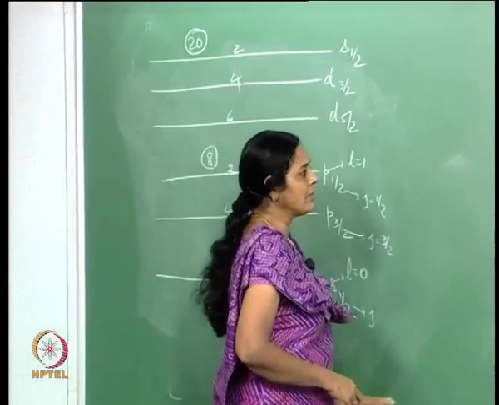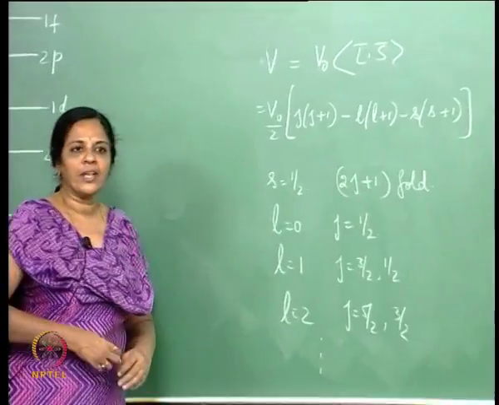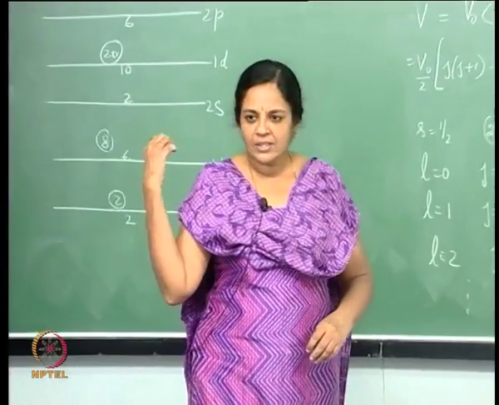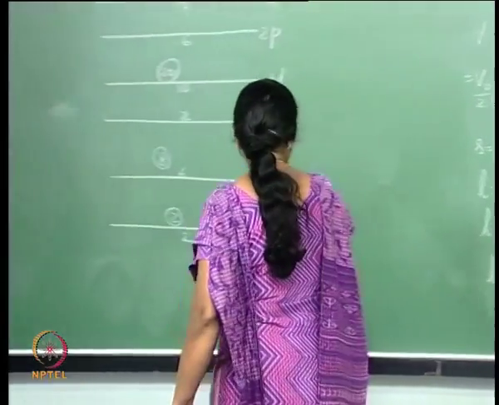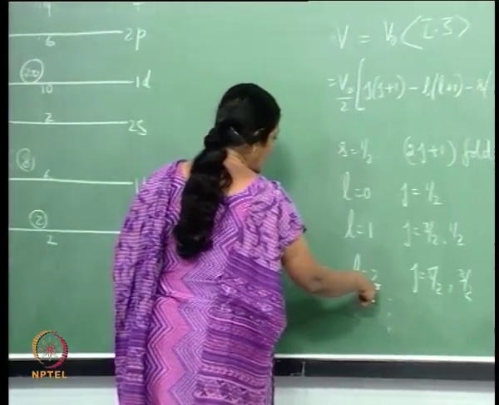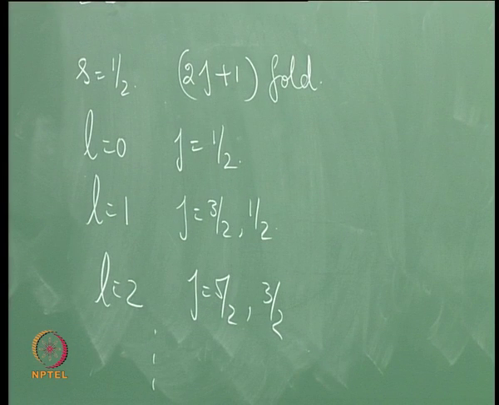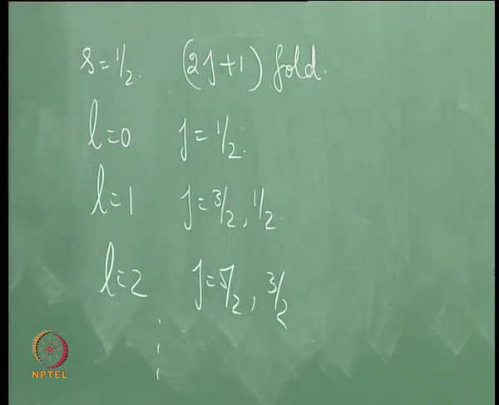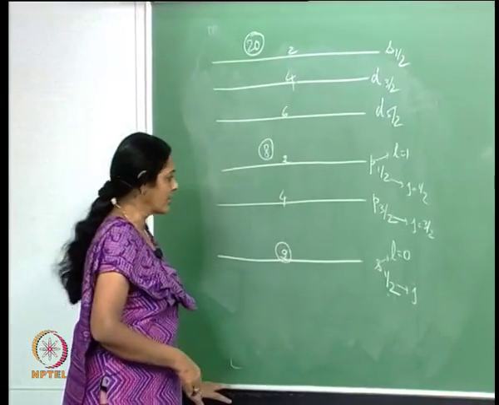And because you have taken J to be a good quantum number, you are able to explain magic numbers 2, 8, 20, 28. 28 also can be explained, because if you now look at L is equal to 2, this gives me 6 particles and then introduce another S state with 2 particles. So, that makes it 20 plus 8, which is 28, and so on. So, you can explain various levels by using this procedure.